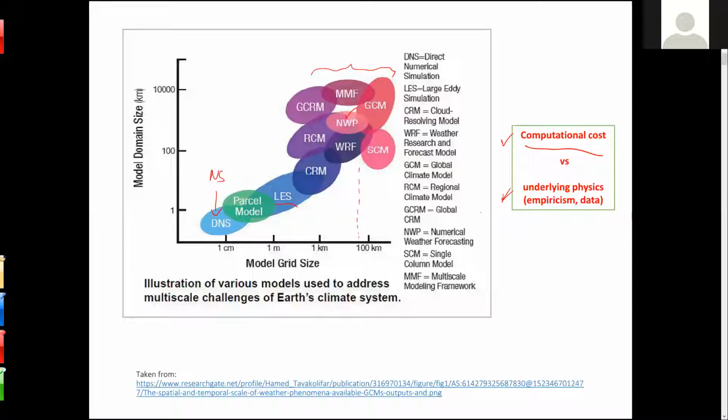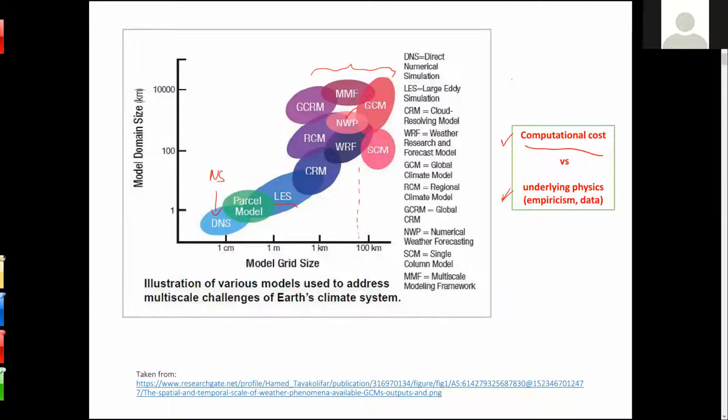So a modeler usually chooses whether to dedicate the computational cost to make a finer resolution for the model, which would include more physics in the model, or reduce the computational cost by making a coarser mesh or coarser grid for the model. But then it would decrease some of the physics and would increase empiricism, being more reliant on data in terms of parameter estimation.